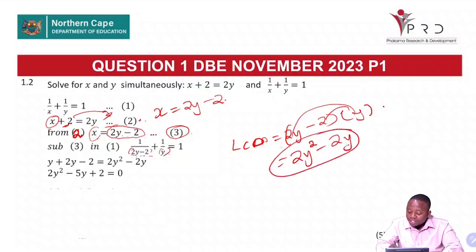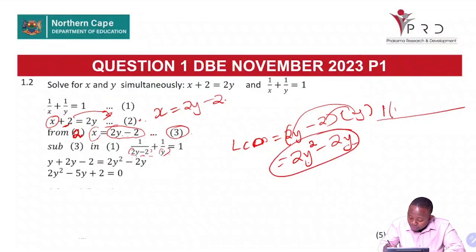So that is our LCD that we work with. Now, when you're working with this LCD, we notice that for this to be 2y times y, 2y squared minus 2y, what are we supposed to do? We multiply by y.